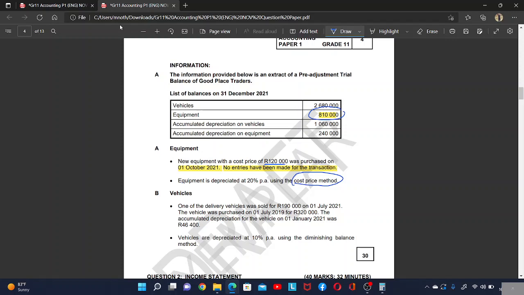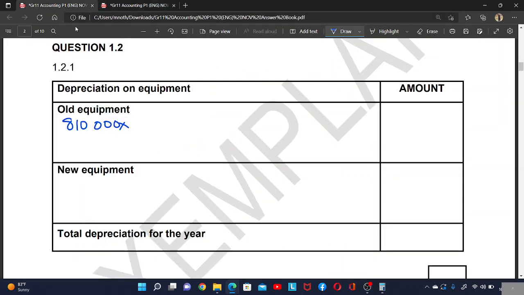When calculating the depreciation using the cost price method, we don't subtract the accumulated depreciation. So we just use the percentage, times 20%, which is equal to 162,000. We write that one here: 162,000.